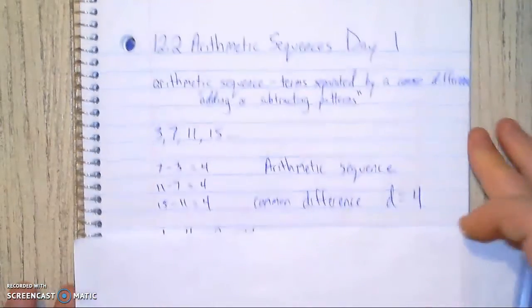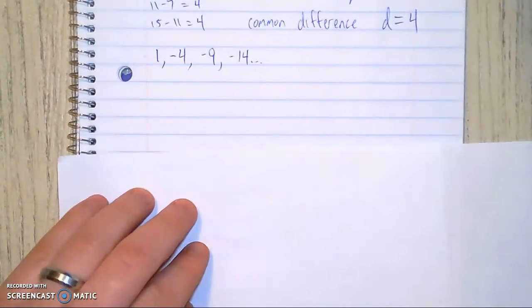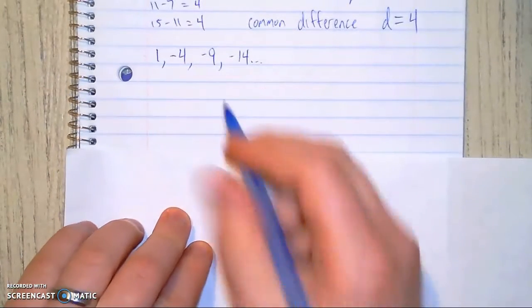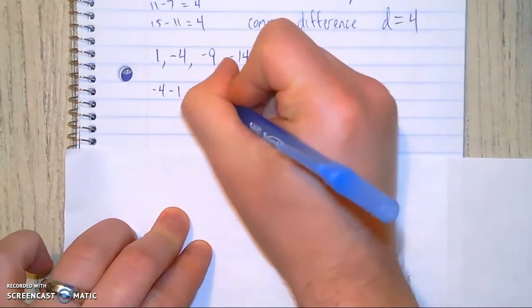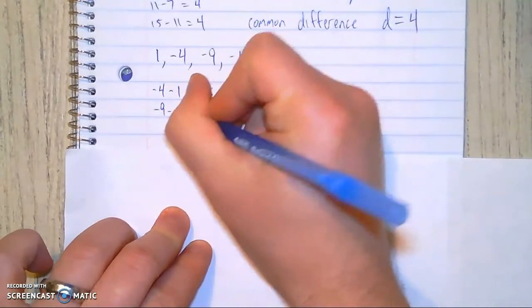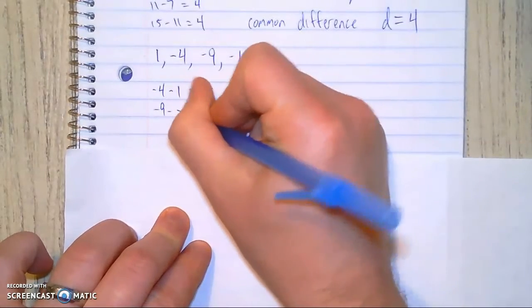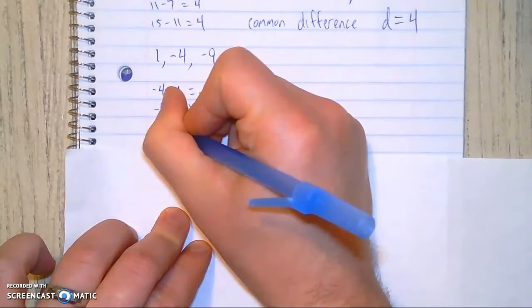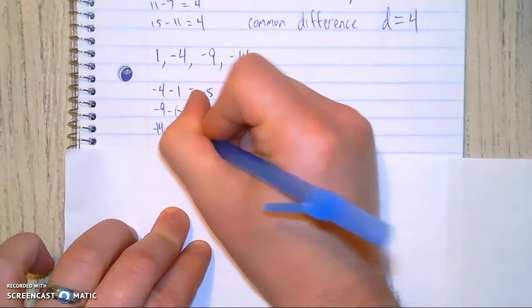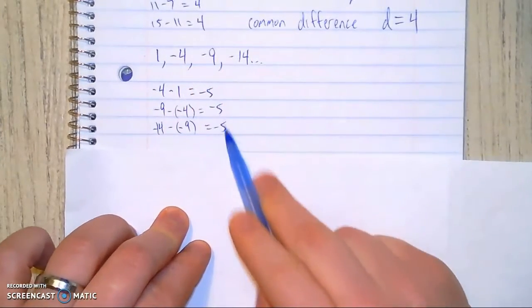Okay, so let's just check out a couple more of these real quick to wrap up for today. 1, negative 4, negative 9, negative 14. Again, check with subtraction. Negative 4 minus 1 is negative 5. And do that for each of the other ones. That's negative 9 minus negative 4. That's also negative 5, and finally negative 14 minus negative 9. And there we see that common difference, negative 5.